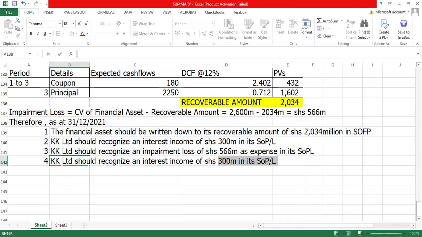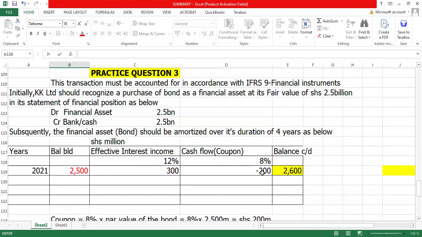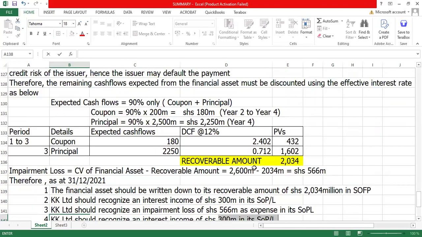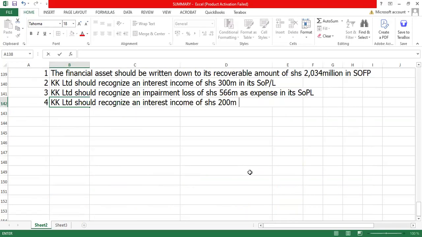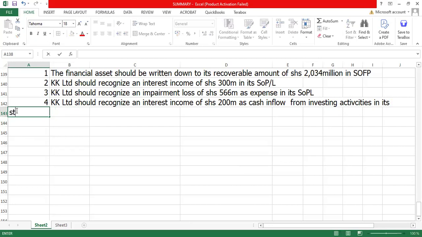Here you have the coupon of 200 million as a cash inflow from investing activities in its statement of cash flows.